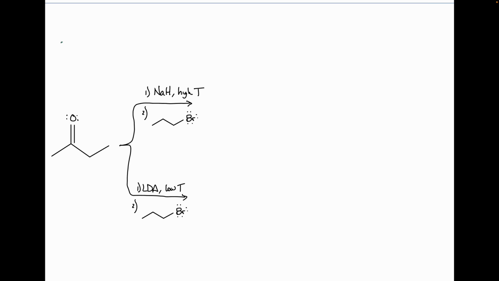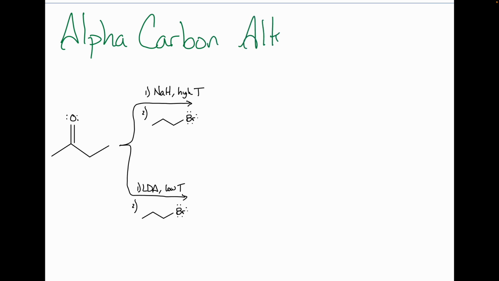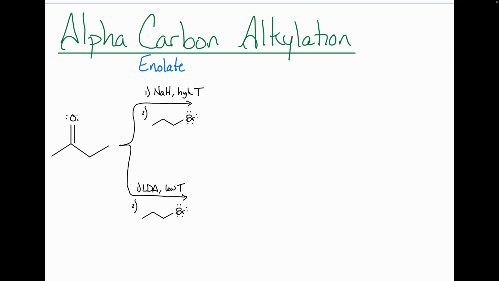All right, so these reactions are called alpha carbon alkylation reactions, where we take an enolate plus an alkyl halide.